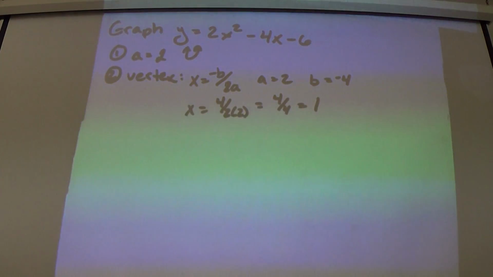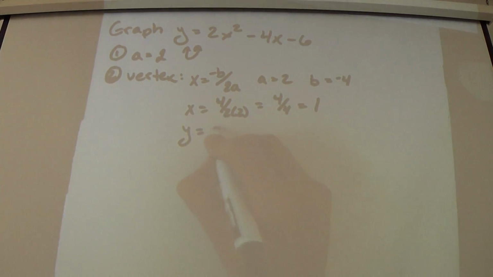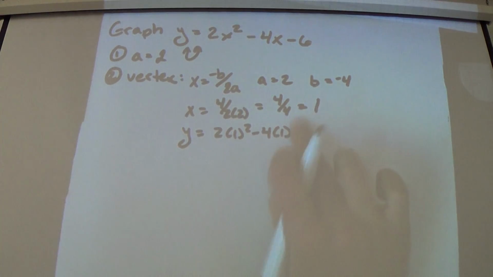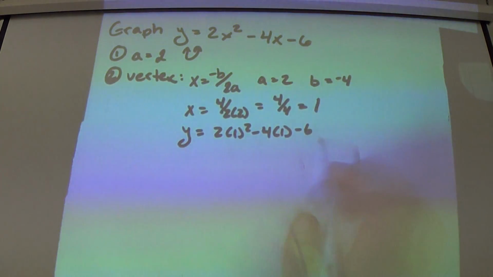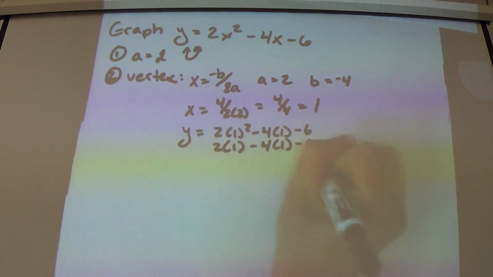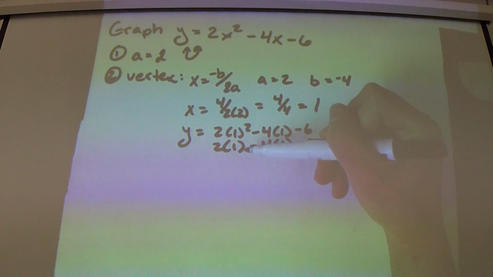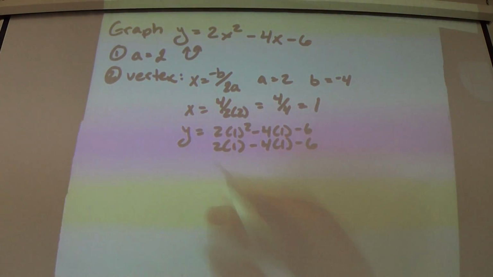Now how do I finish the vertex? Plug in 1 for the x's. Good, plug it in for the x's. Minus 6. So 1 squared gives me 1. I'm still seeing people messing up right here. You have to do your square first before you multiply throughout.